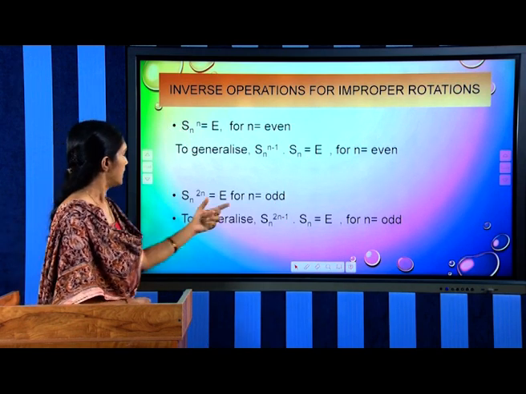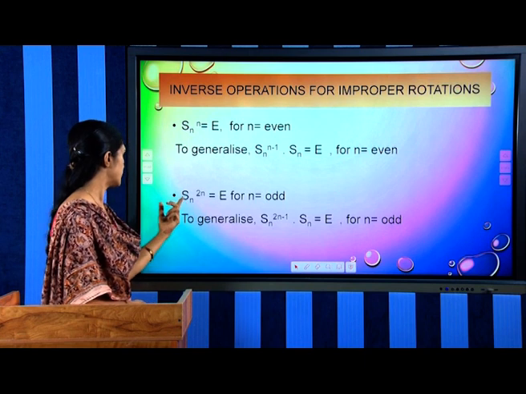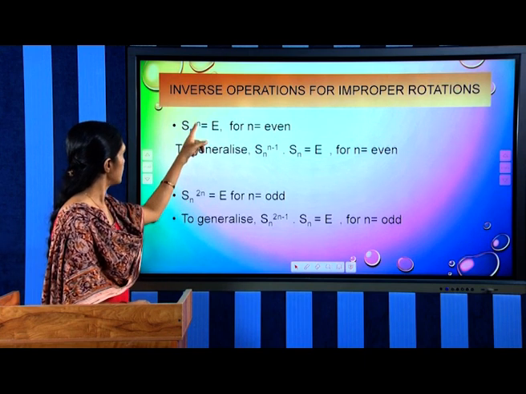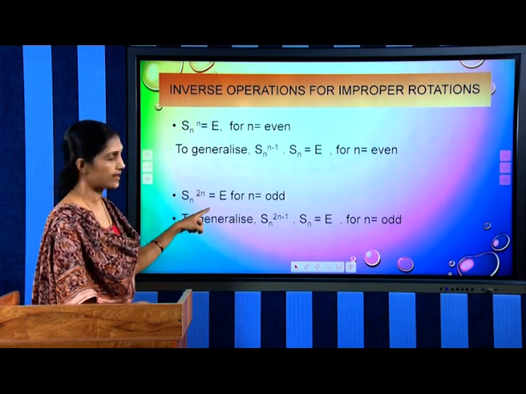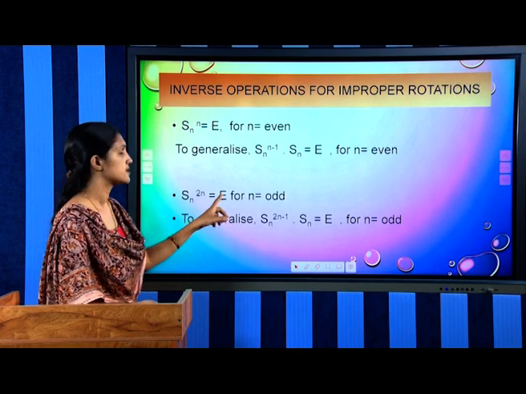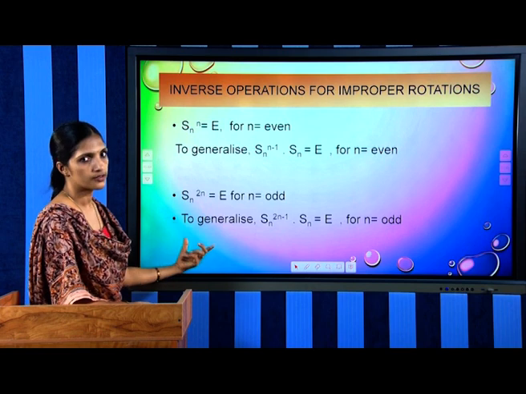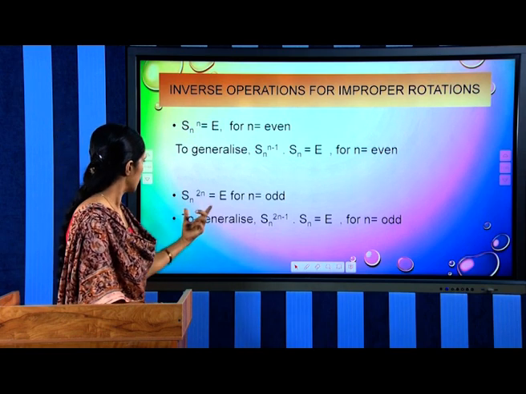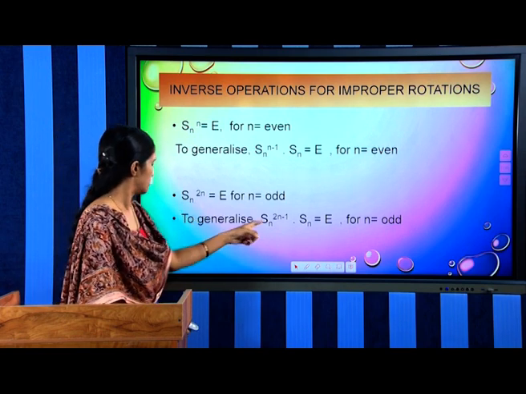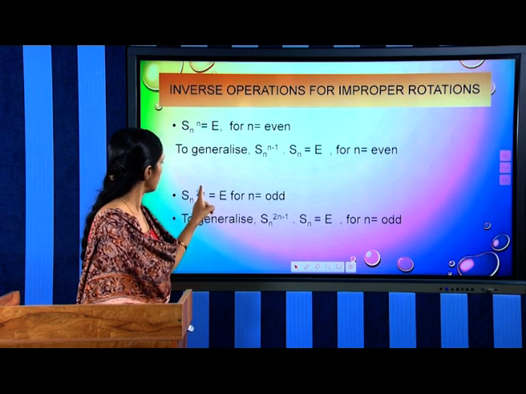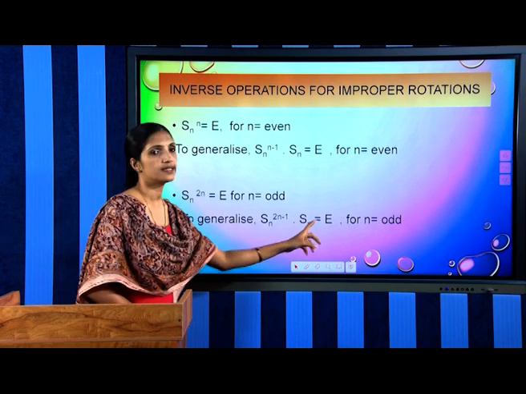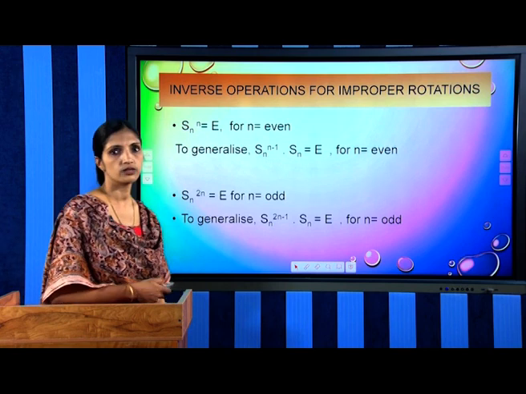And if n is odd, then what happens? Here in the place of n, here comes 2n. So Sn power 2n is equal to E for n is equal to odd. And here also we have to generalize. So here we want to split this up. So Sn power 2n minus 1 into Sn is equal to E for n is equal to odd.